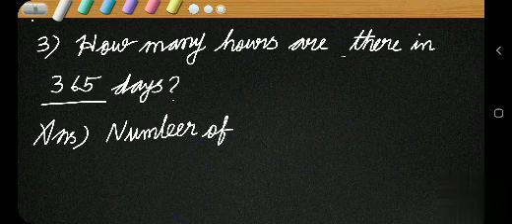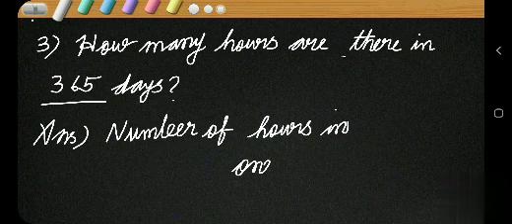You should know this concept, you should know this value, otherwise we won't be able to do the answer for our exams if such a question comes. Number of hours in 1 day. What is it? Yes, 24. Number of hours in 1 day means 24.